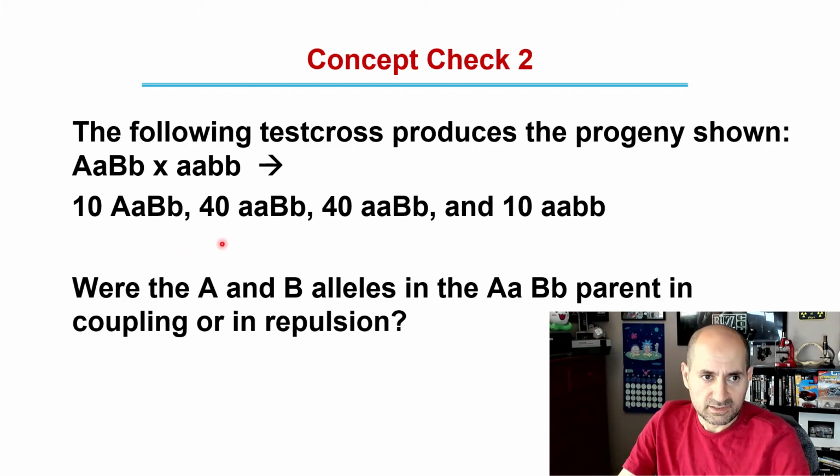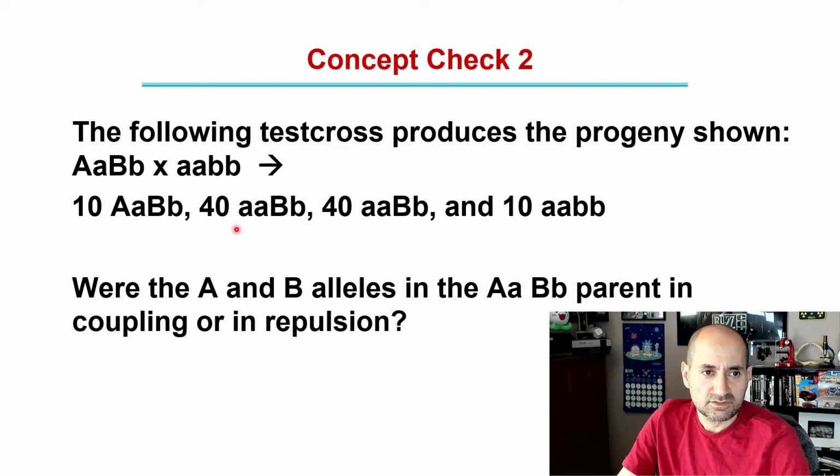All right, the first thing that should draw your eye is these big numbers here. 40 little a, big B, little b's, 40 little a, big B, little b's, and only 10 of these other types. So the question is, were the A and B alleles in the heterozygote parent in coupling configuration or in repulsion configuration?